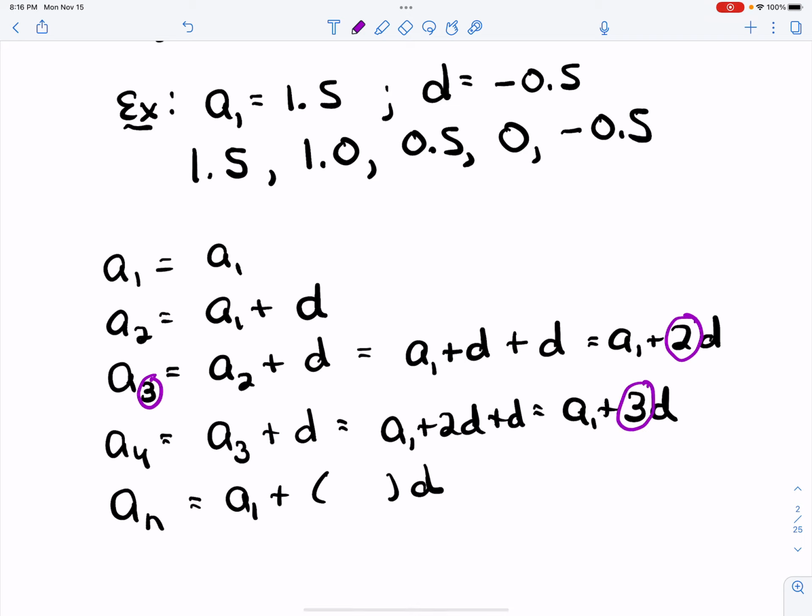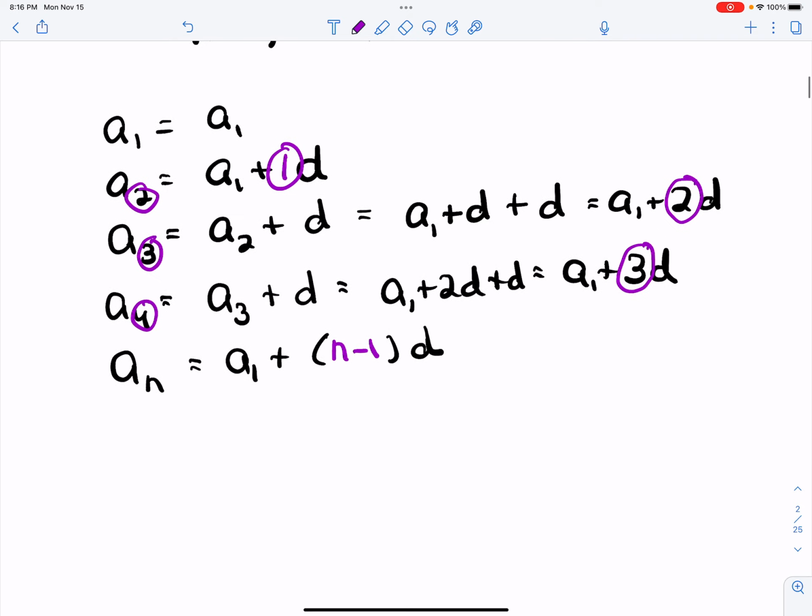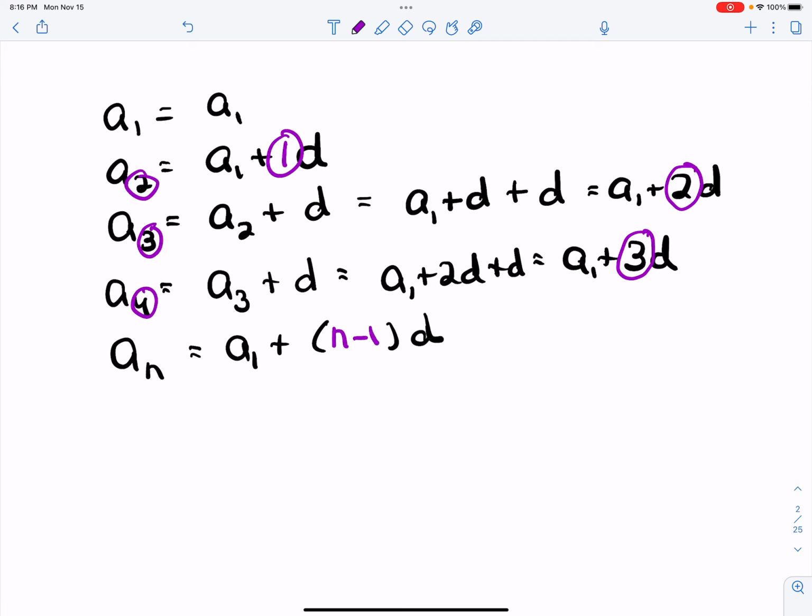This 3 down here in front of d is 1 less than the subscript 4. There's technically a 1 in front of this d, that's 1 less than the subscript 2. So we could say n minus 1 is being multiplied by d. And that gives us a nice little formula to figure out a sub n.